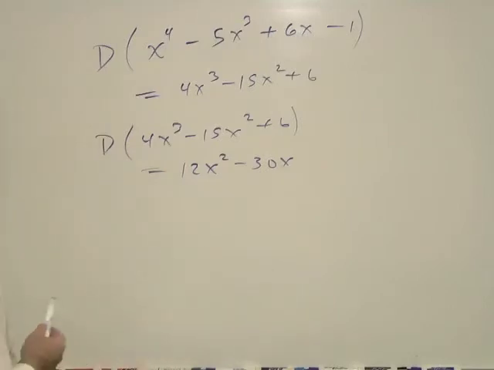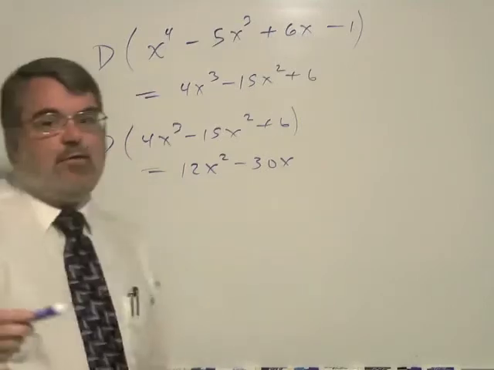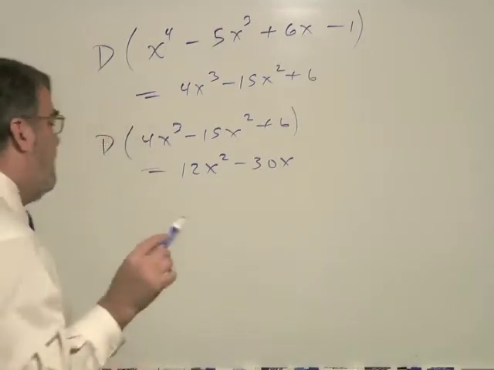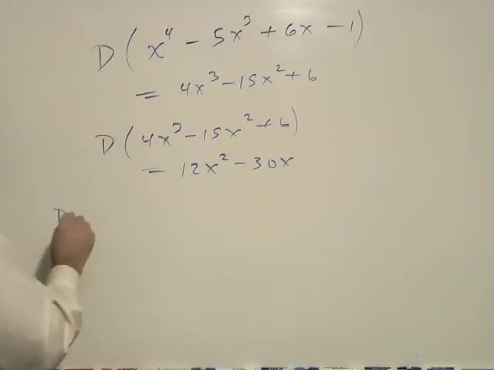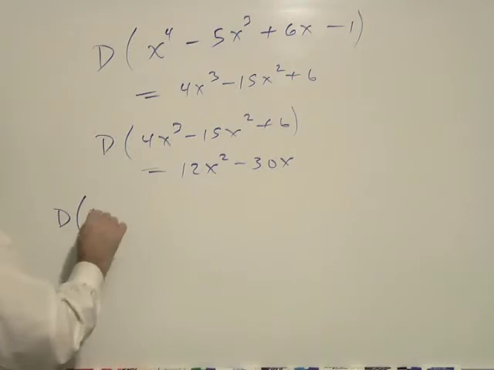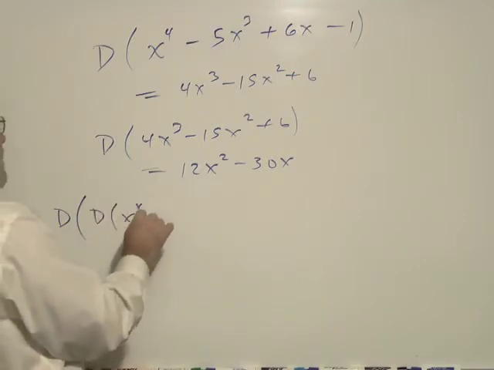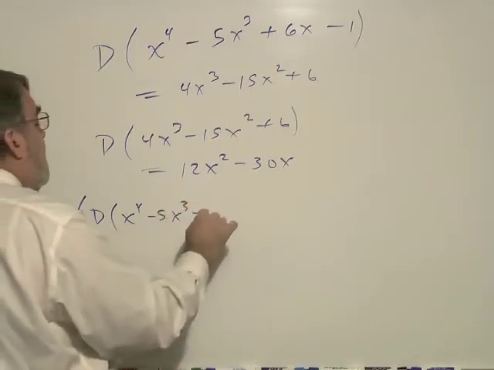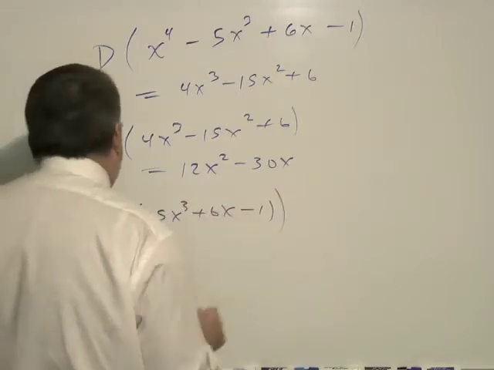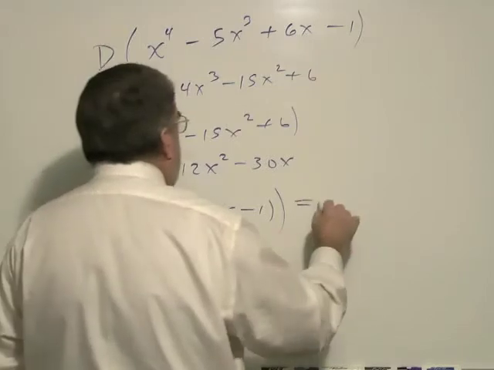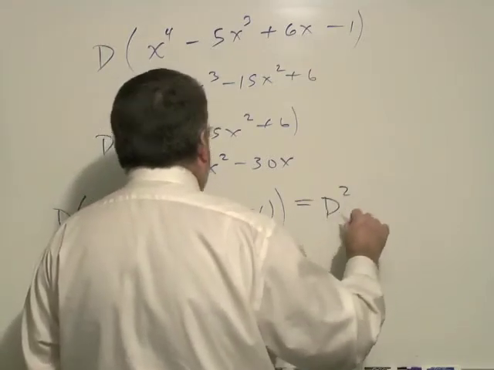All right. Well, I'm going to interpret that as D squared. So in other words, the operator D operating on D of x to the fourth minus 5x cubed plus 6x minus 1 is the second derivative, which I'm going to call D squared.